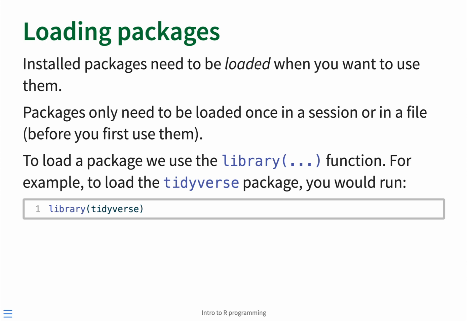The reason that installed packages are not automatically all loaded, right, is that firstly it can take up a bunch of space and memory on your computer, and also sometimes different packages can use the same name for different things, right?